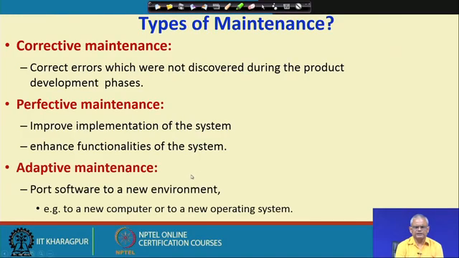And the third type of maintenance is adaptive maintenance. In adaptive maintenance, the software may be required to work with a new hardware, maybe that the company procured a new server and it has to be installed on that, needs to work on this, or maybe there is a new operating system on the new computer, and the software needs to work with the new operating system, and therefore, the program may have to be changed a little bit.